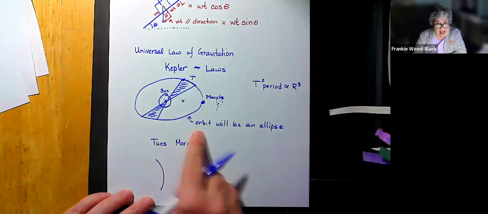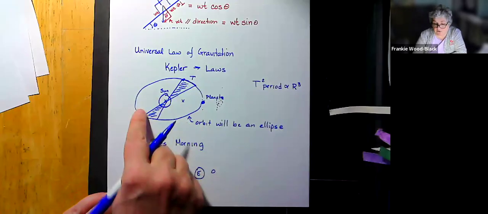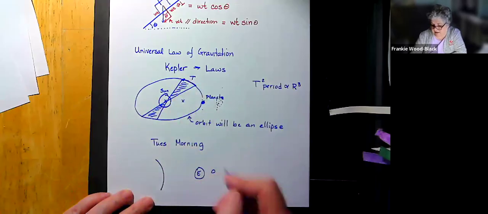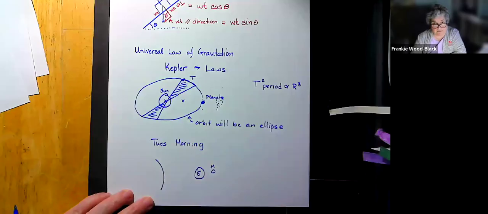So anyway, what's happening here is Newton used Kepler's laws and he wanted to explain the Earth-Moon system, and he wanted to figure out why it was doing what it was doing.